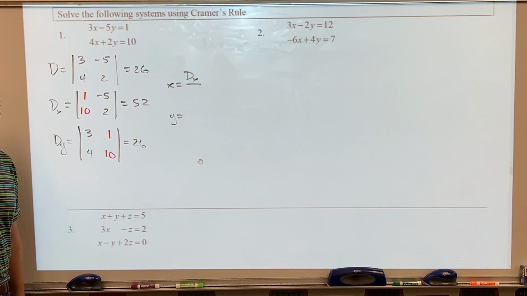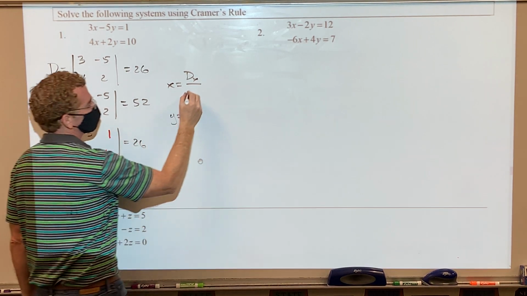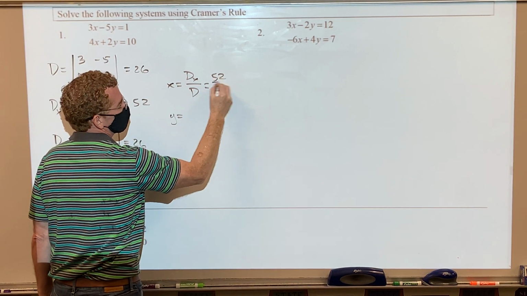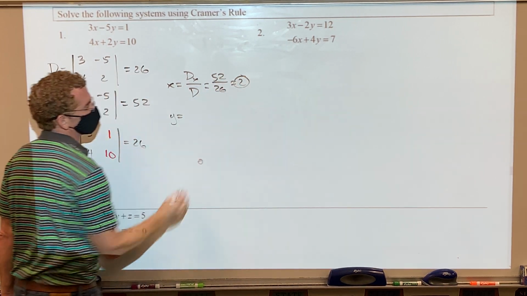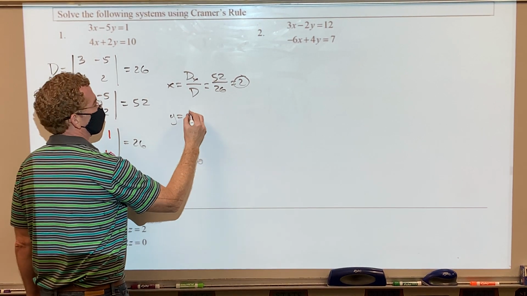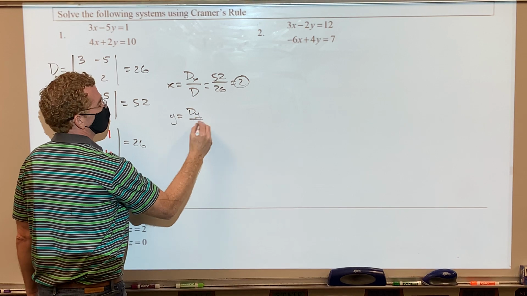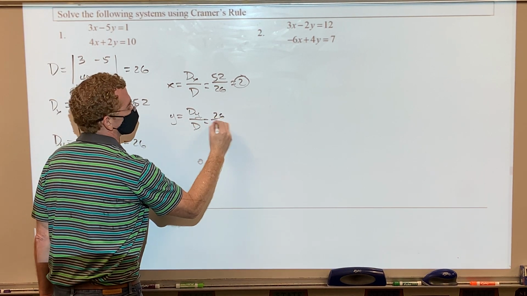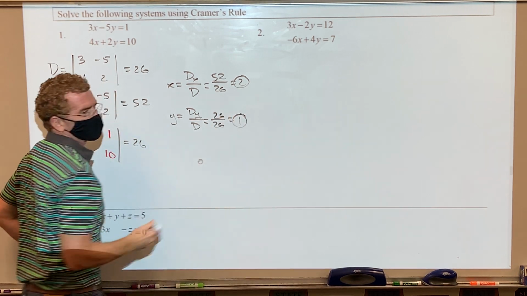So I divide the Dx by the D, and that gives me 52 over 26, which is 2. And to find the y, I put the Dy over the D, which is going to give me 26 over 26, which is 1.